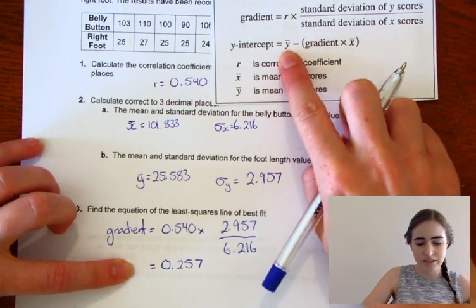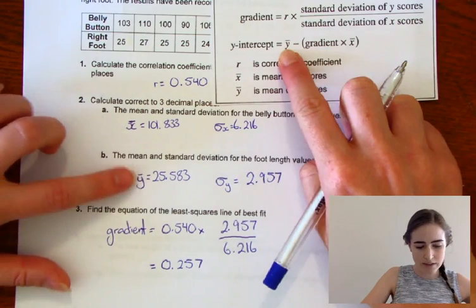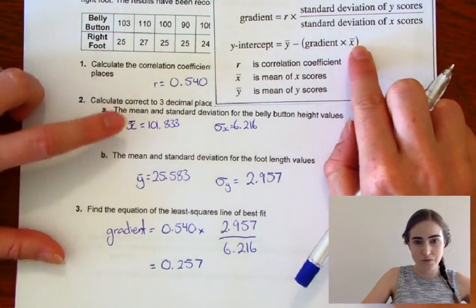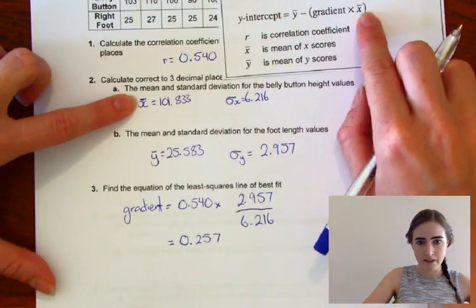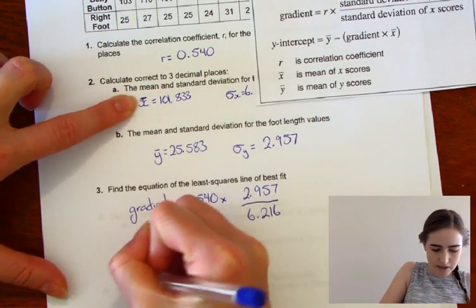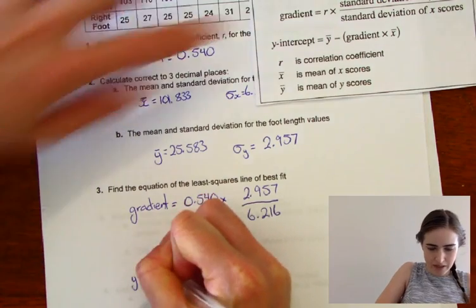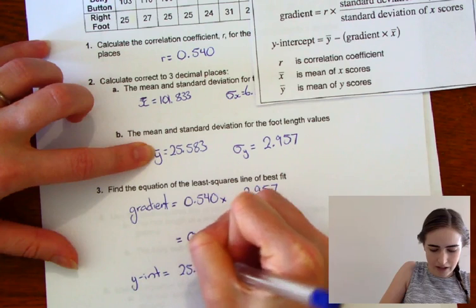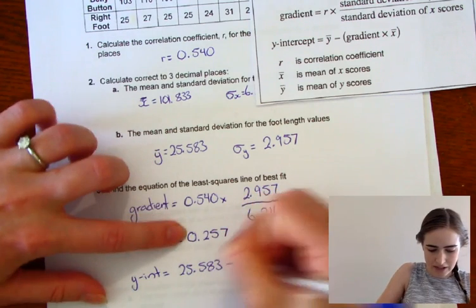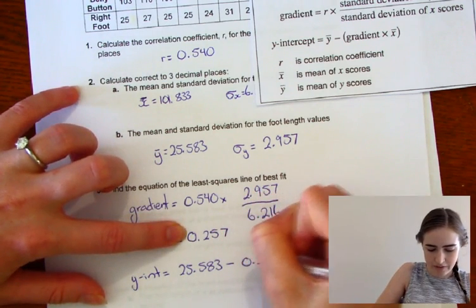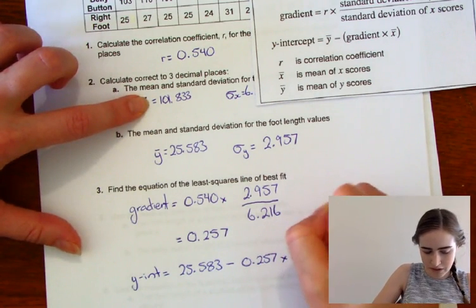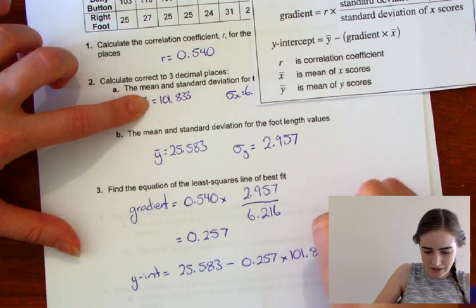And now we need to find the y-intercept. So the y-intercept is the mean of the y-scores minus the gradient, which we just found, times the mean of the x-scores, which is this one up here. So y-intercept is going to be the mean of the y's, so 25.583 minus the gradient, so 0.257, times the mean of the x's, which was 101.833.